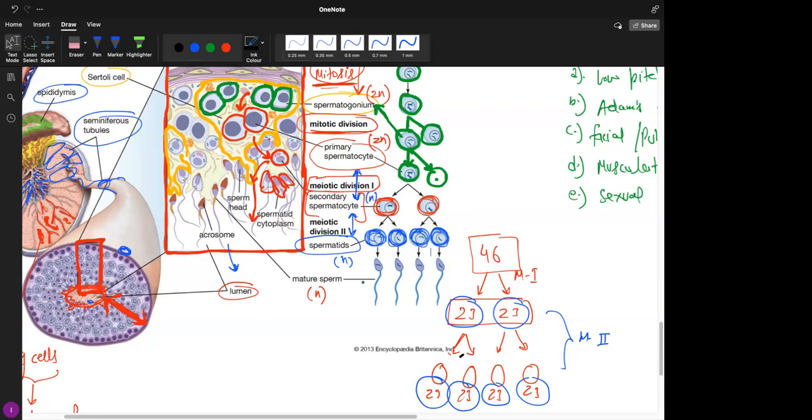Write down. Spermiogenesis is specifically the name given to this one stage conversion between spermatid to mature sperm.